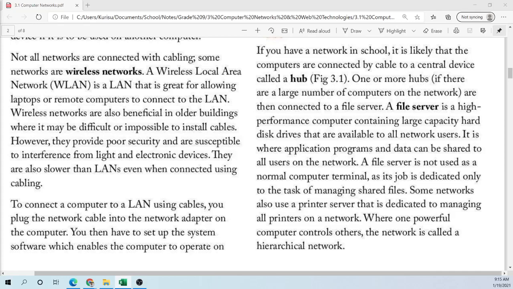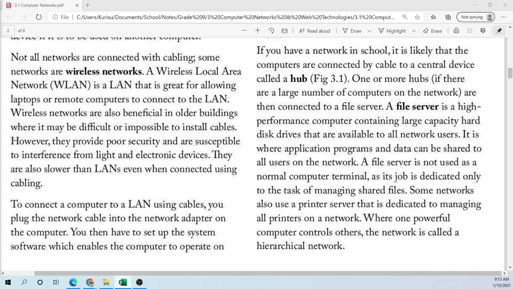Varshini? I see you were trying. What is the name of the device that is replacing the hub? Network switches. Very good, Gitanjali. So network switches, or a switch, is the device that is replacing the hub.